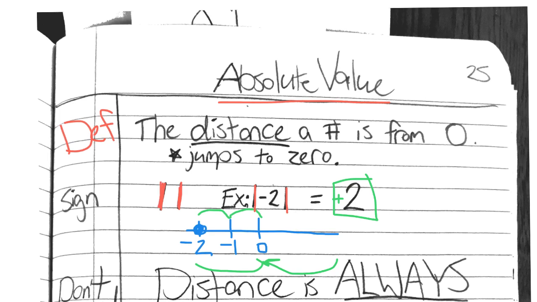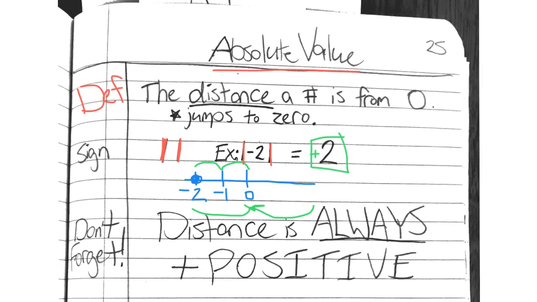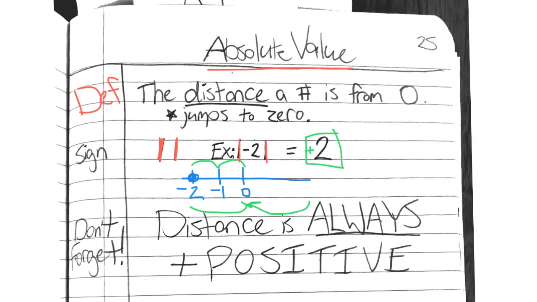And again, a reminder down here is that our distance is always positive. I can't have a negative absolute value. So if the answer choices on a quiz or test are negative, you can right off the bat eliminate those, because we know absolute value is always positive.